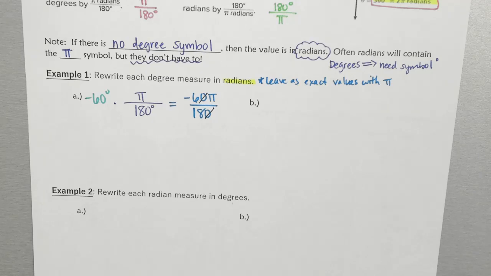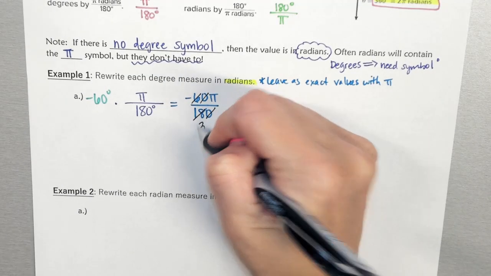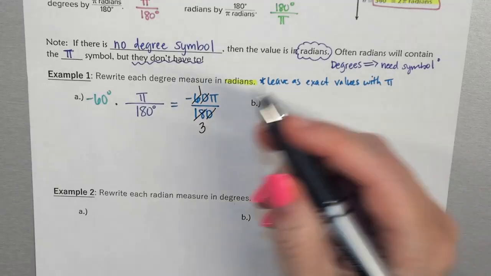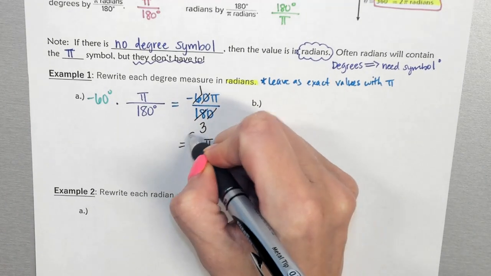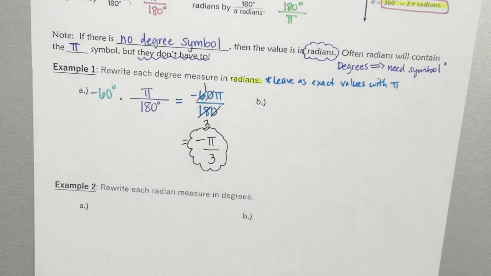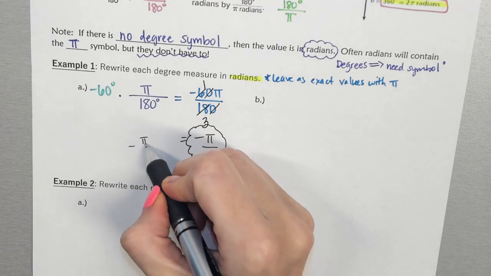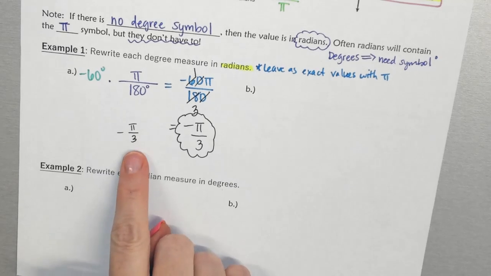And then 6 goes into 18 how many times? Yep, and it goes into itself once. So negative 1 pi is the same thing as negative pi over 3. This is going to be your value. The negative can be written like this. Okay, so negative 60 degrees is negative pi over 3.